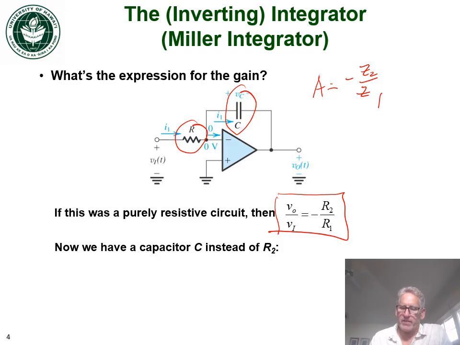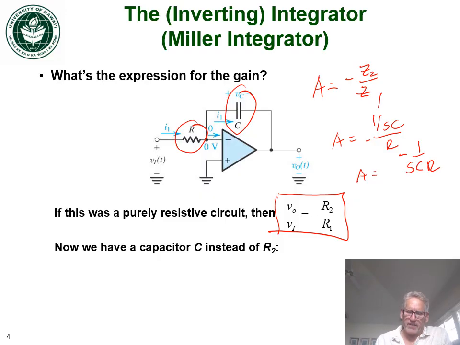In that case, the gain is 1 over SC divided by R, and so the gain would be equal to minus 1 over SCR. So that tells us that Vout of S over VI of S is equal to minus 1 over SCR.